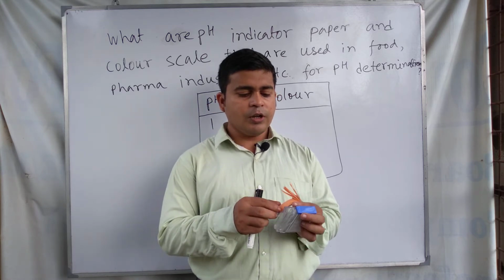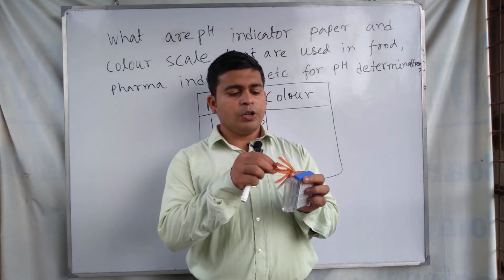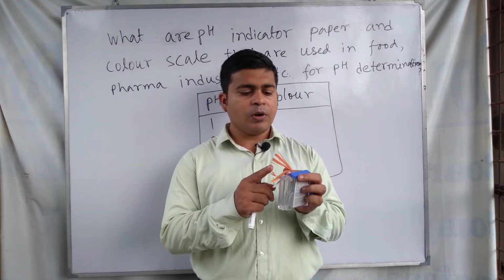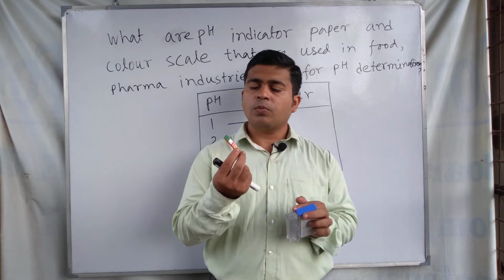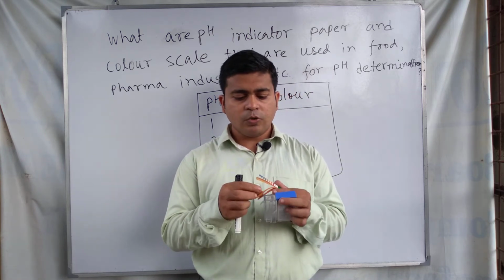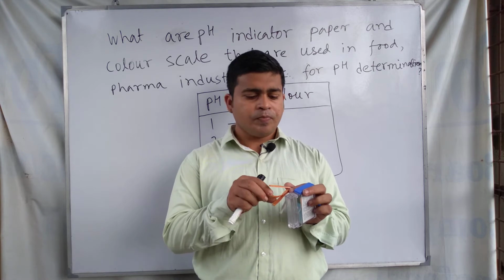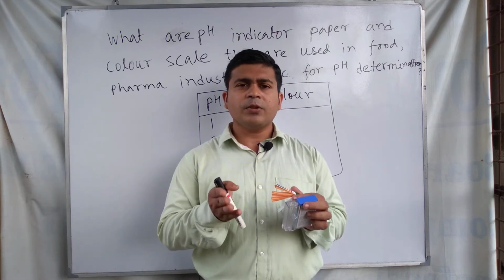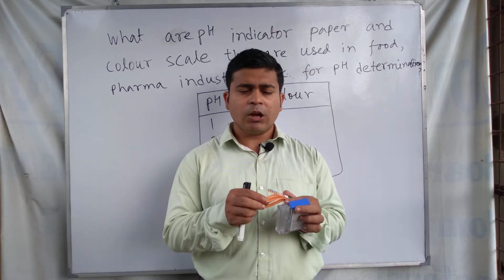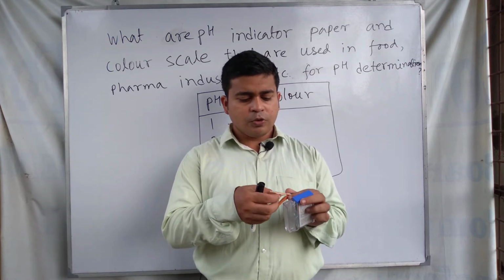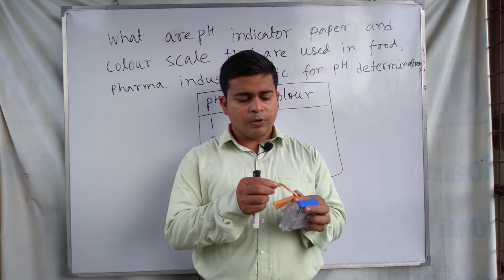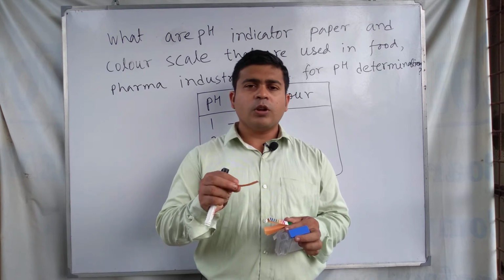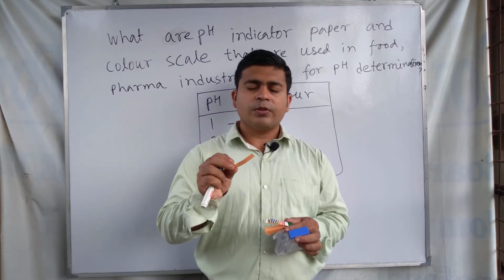At first we need to take one color strip from this pH indicator paper booklet.